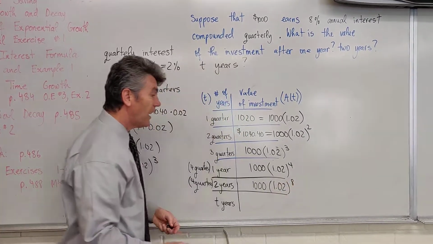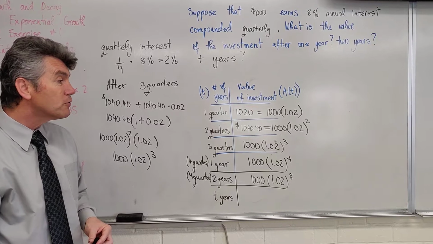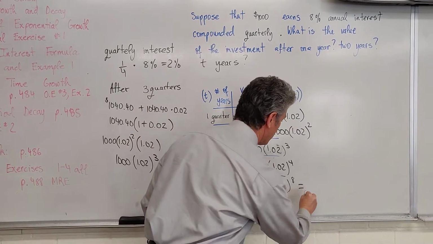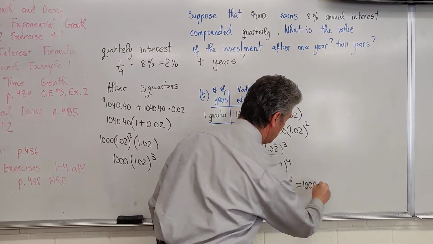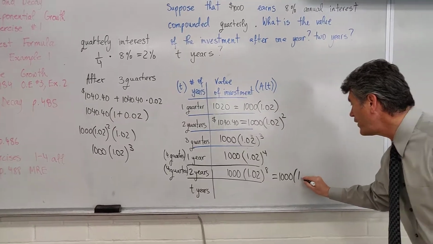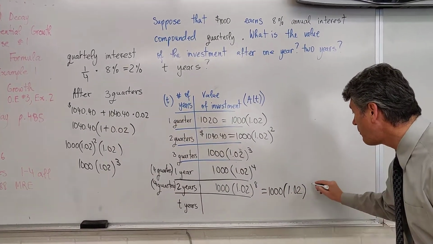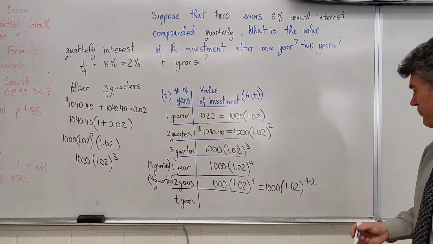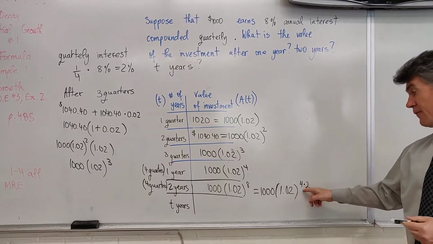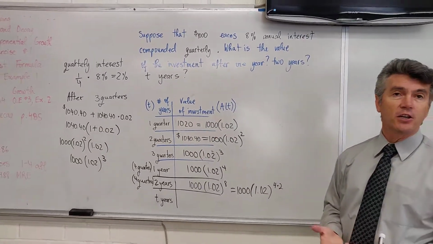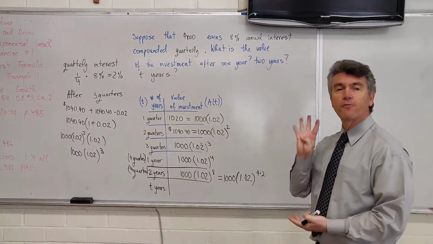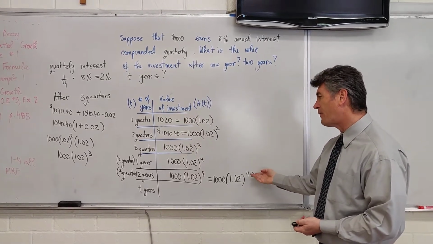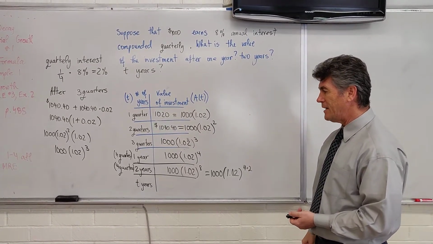So this is 1,000 times 1.02 raised to the power of 8, which is 1,000 times 1.02 raised to the power of 4 times 2. The 4 is there because every year you compound interest 4 times. There's 4 quarters in a year. The 2 is because that is happening over a period of 2 years.